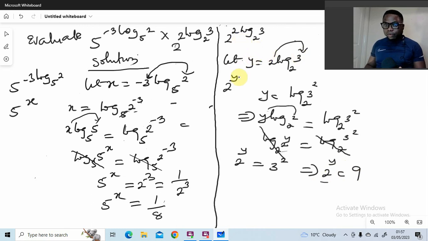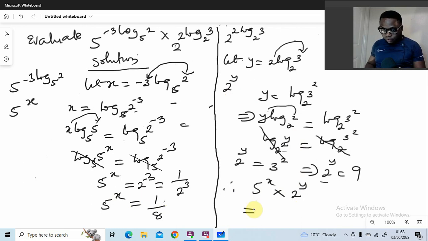Remember the first expression, the whole of it, we got as 2 exponent y, because the exponent here, 2 log 2 exponent 3, is being replaced with y. So since we have 2 exponent y as 9, it means that the first one we got is 5 exponent x, multiplied by the second one, 2 exponent y.